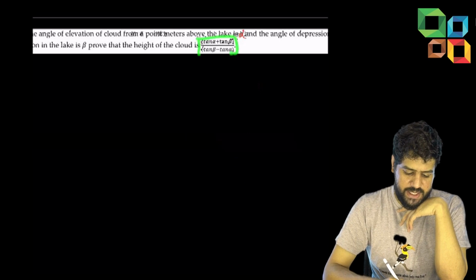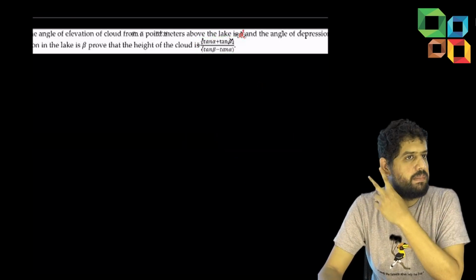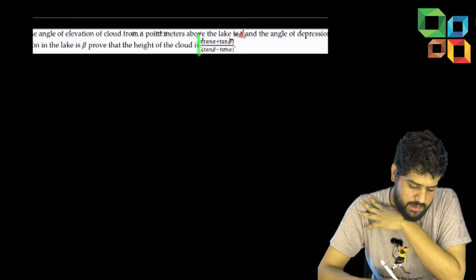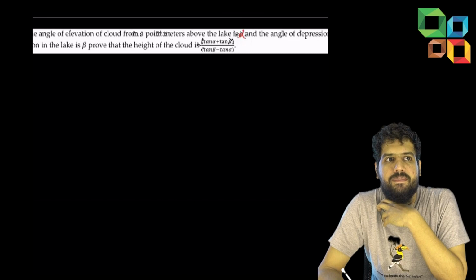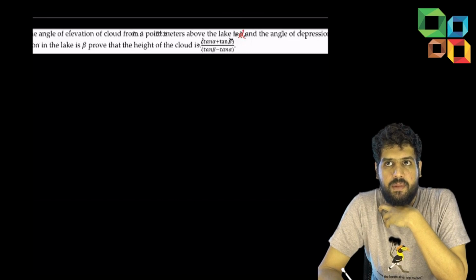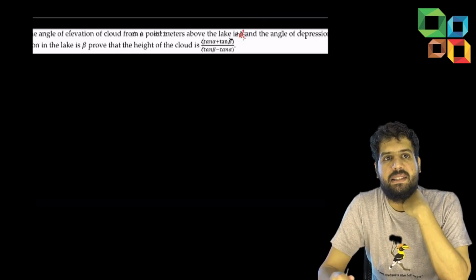First, my question is, why is this wrong? First of all, we can calculate the height, but why do you think this is wrong? Any guesses? Have you learned dimensional analysis last year?